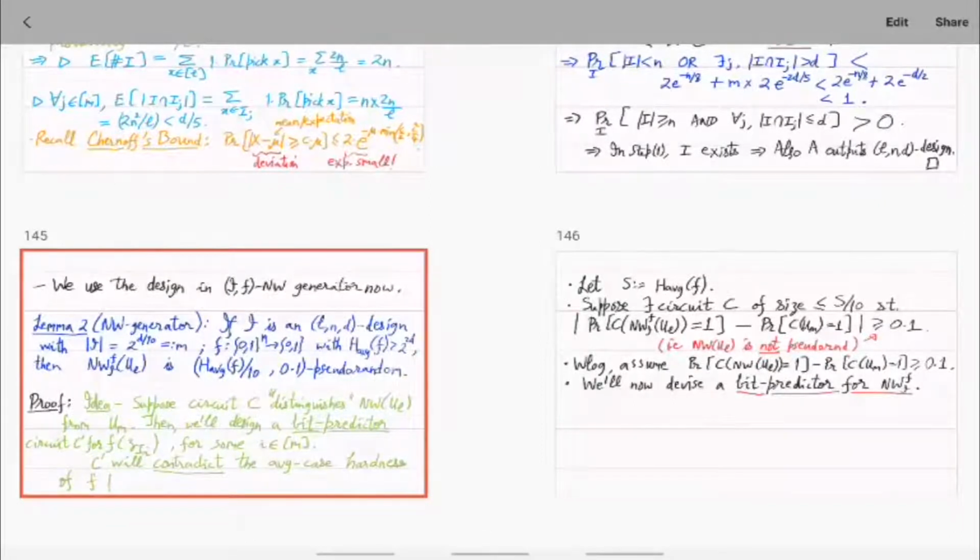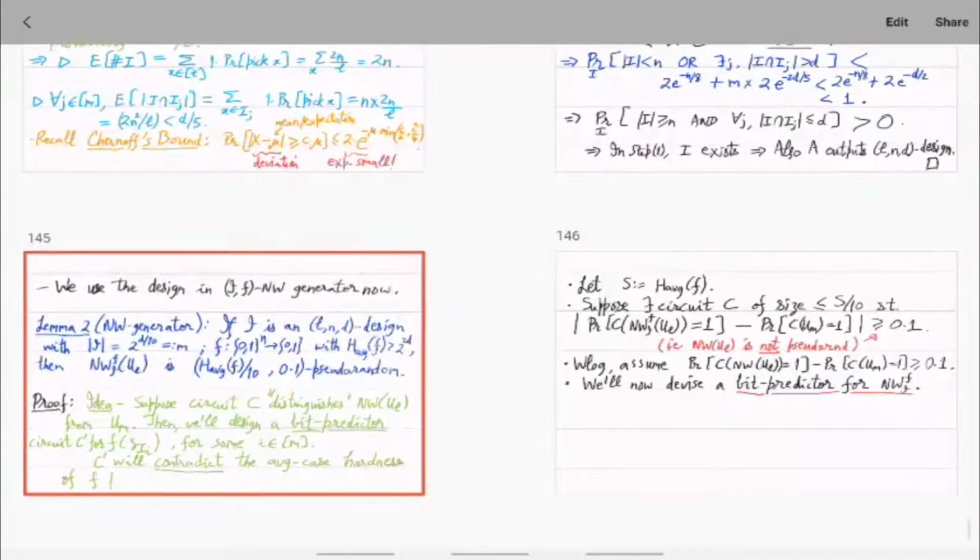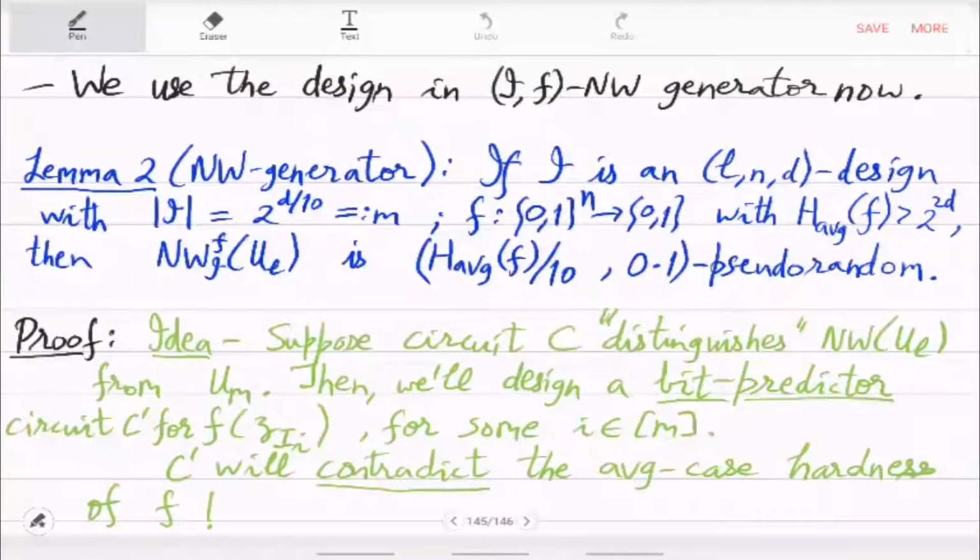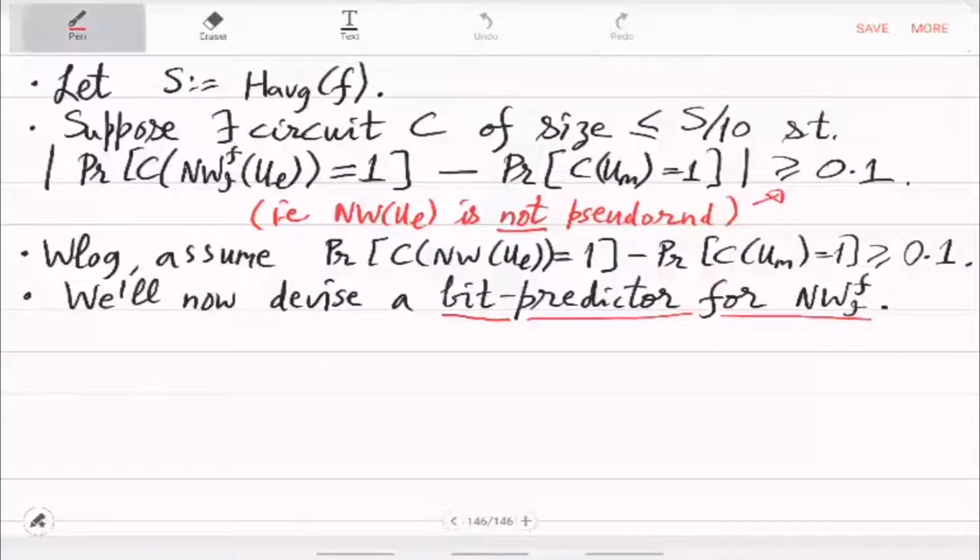Here we want to show that using the design and f, this Nisan-Wigderson I comma f image on U_L is pseudo random. The idea is that if it is not, then there will be a distinguisher circuit C which we can use to predict bits, and hence f will become easy, which is a contradiction. So, that is the idea. We want to construct a bit predictor circuit C prime, and that will contradict the average case hardness of f. So, how do you construct C prime from C is the next question.